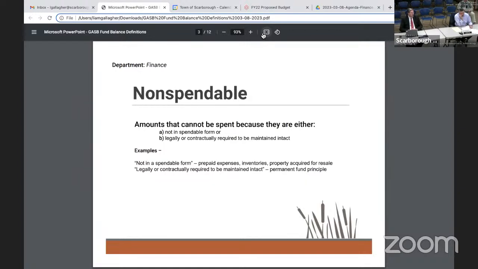Please tell me if I'm jumping ahead of the plot here, but do we have categories? Do we have accounting categories and accounts that are the same as these categories? No, we don't. So should we have those? Well, no, because the GASB board states that you have to have certain categories on your statement of net position for reporting purposes so that readers can understand what your assets and your liabilities are.